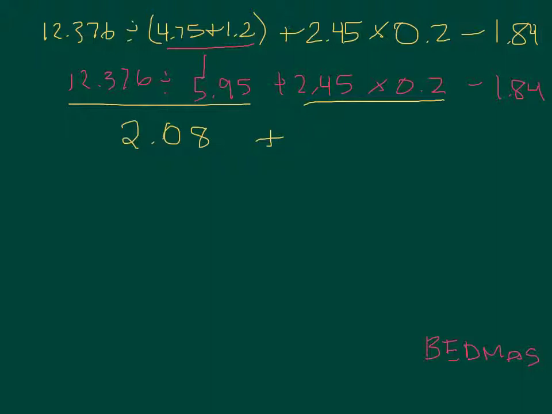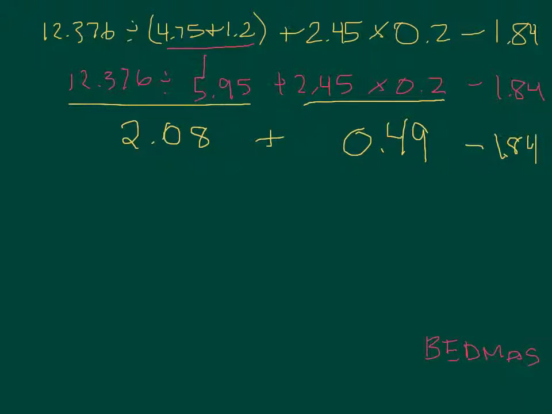And because I'm on the division and multiplication aspect, I'm just going to do that as well. So 2.45 multiplied by 0.2 comes out to 0.49. And so now that I've solved all the division and multiplication, I'm just going to rewrite out the rest of my equation. And now I'm on to the last section, which is addition and subtraction.